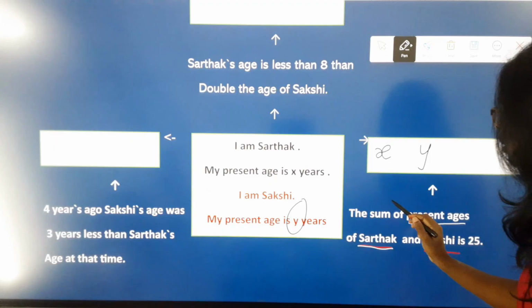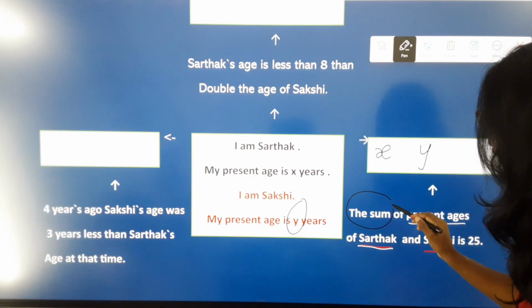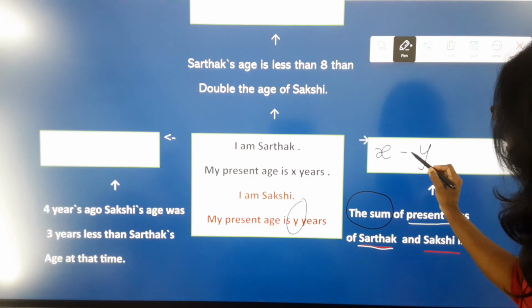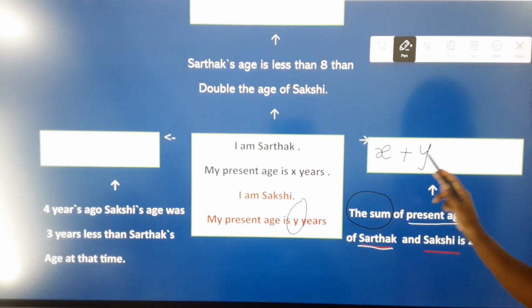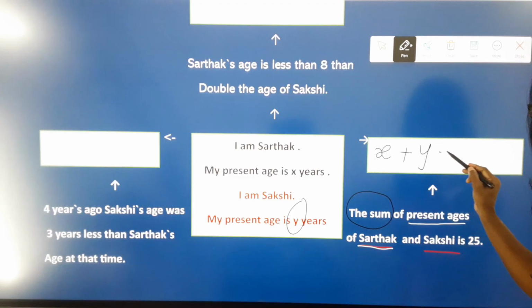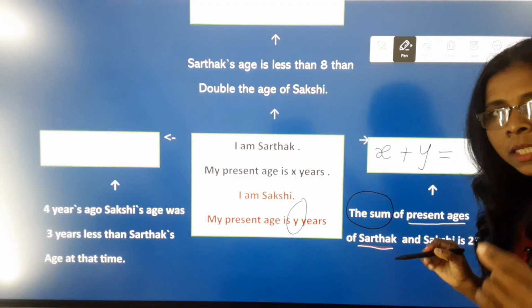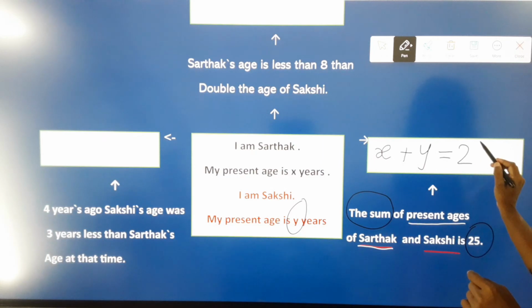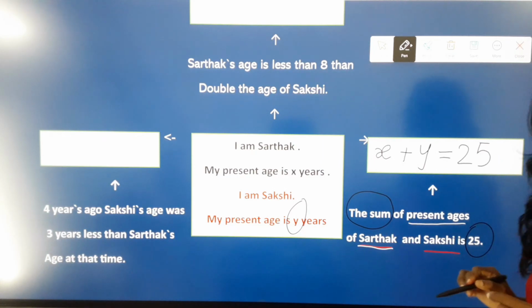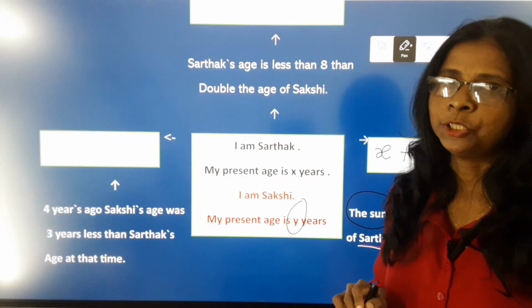And the condition is the sum of present ages of Sarthak and Sakshi is equal to 25. So this way there is a formulation of the equation.